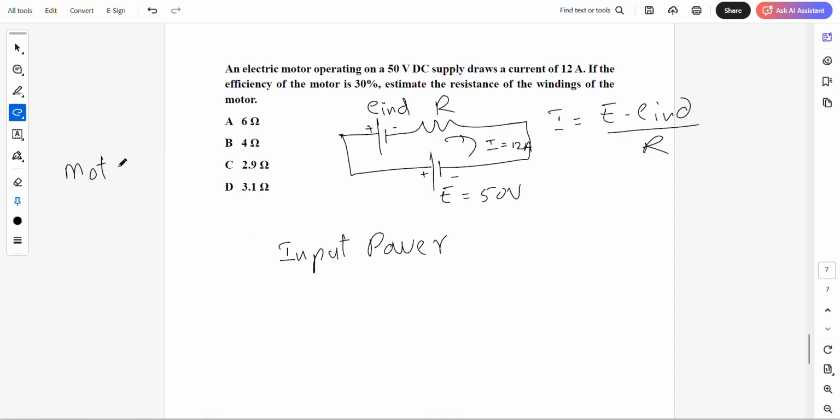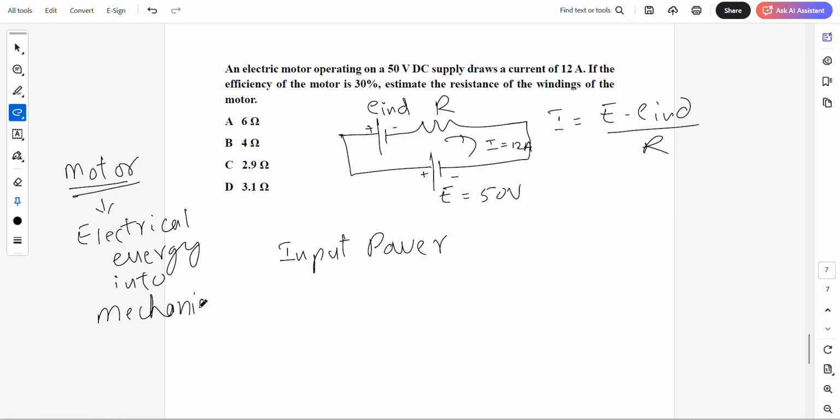A motor is a device which converts electrical energy into mechanical energy. Electrical energy is the input. Mechanical energy is the output.